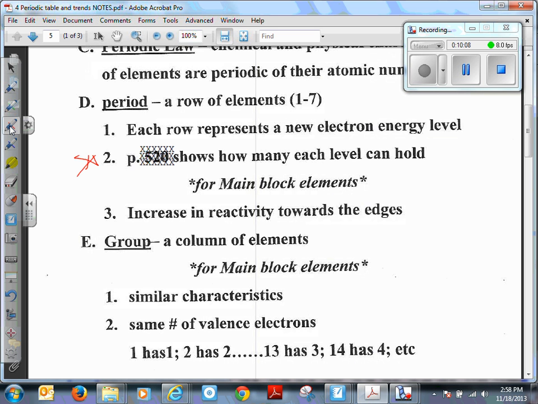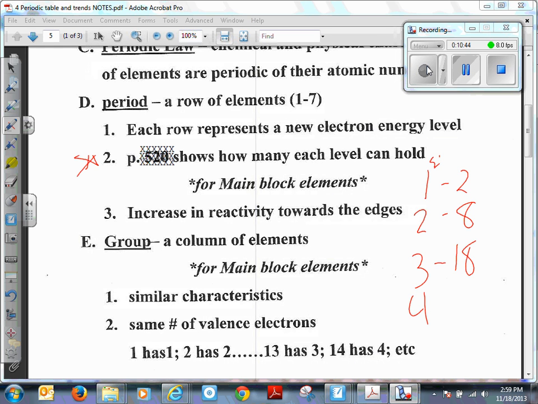Our book doesn't have a page that shows how many electrons each energy level can hold, but basically the first energy level can hold 2, the second energy level can hold 8 electrons, and then the third can hold 18, and then the fourth can hold 32.